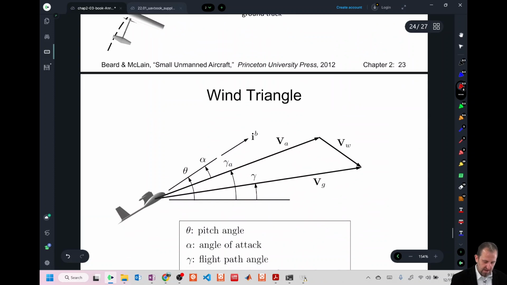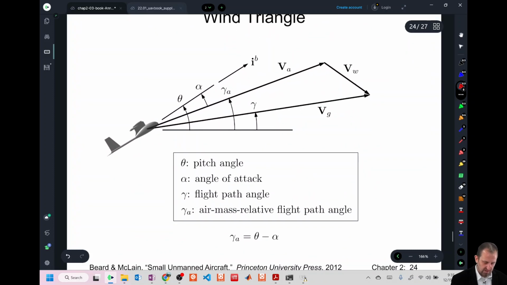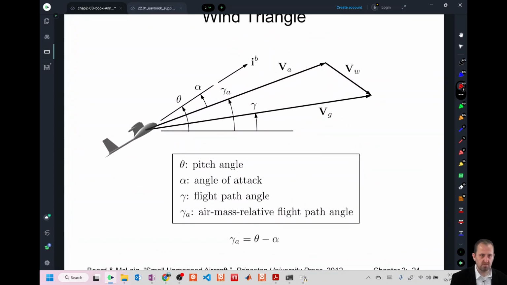Excellent. Now if we look at it from the side, we can define the other variables we've been talking about. So here's our aircraft, and previously, again, this is projected. This is now projected onto a frame formed by IB and KB.